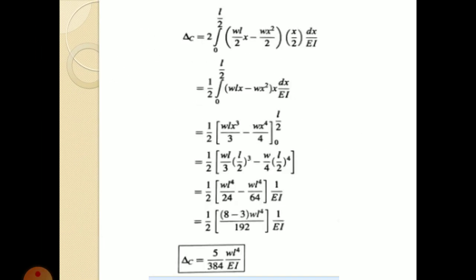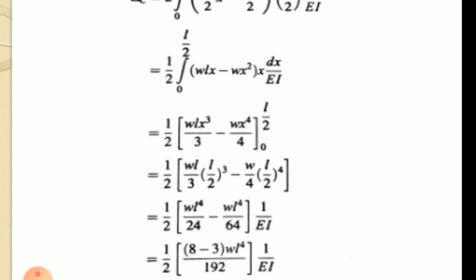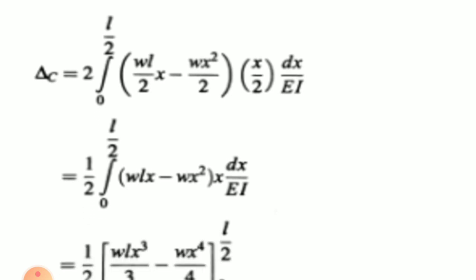So deflection at the midspan will be equal to 2 multiplied by integral of capital M into small m into dx by EI. So capital M will be moment due to applied load, that is WLX by 2 minus WX square by 2. Then X by 2 is moment due to unit load.